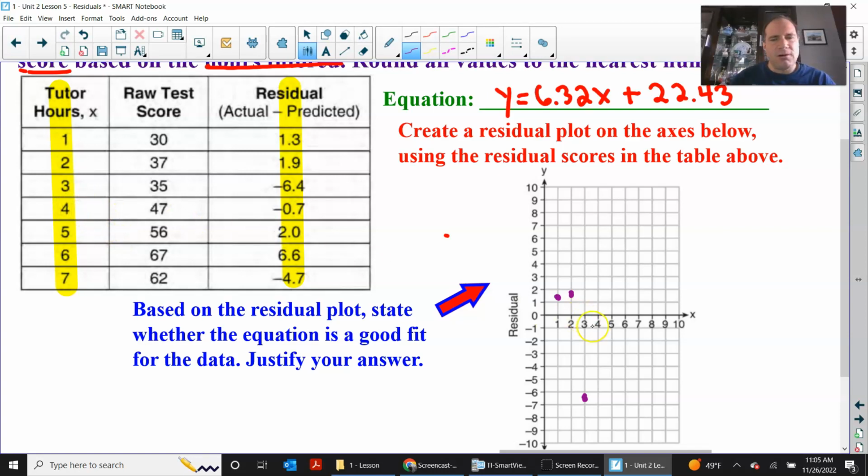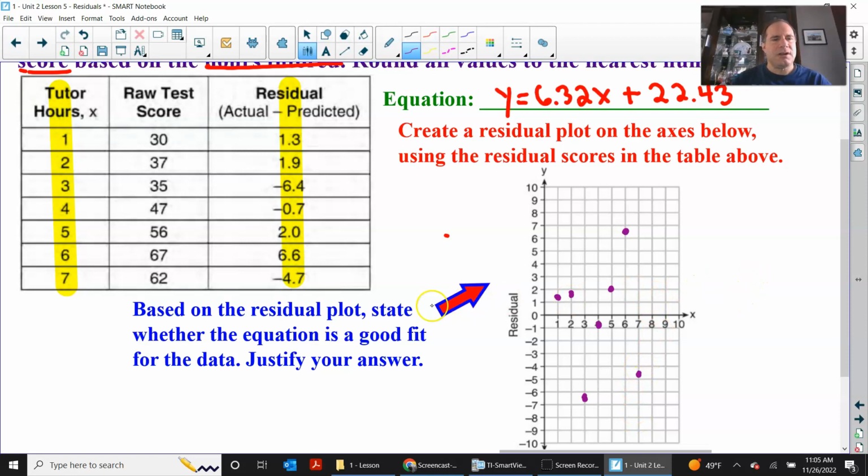Then we have 4, negative 0.7, right about there. 5, 2. When x is 6, the residual is 6.6, so that's way up there. And then 7, negative 4.7, should be right about there.